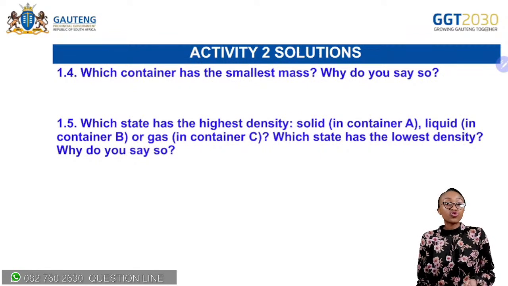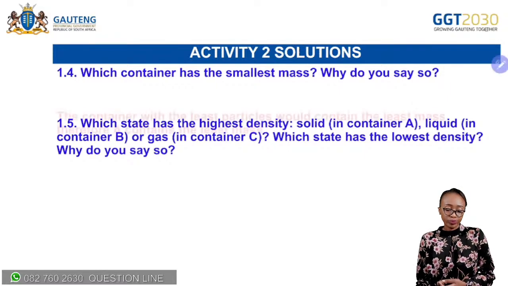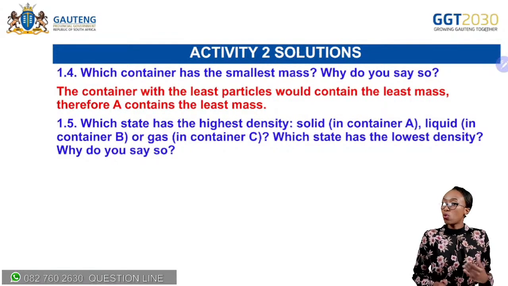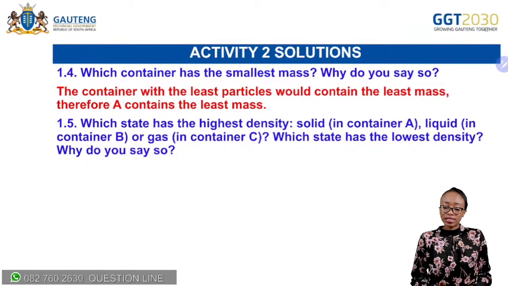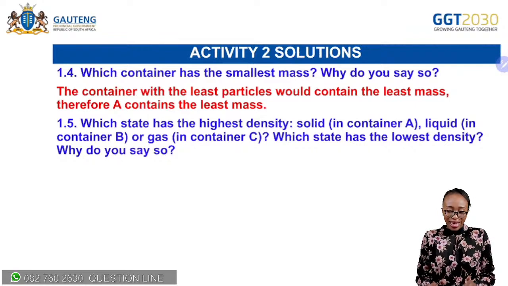Now, question 4. Which container has the smallest mass and why do you say so? The container with the smallest mass is A. Now let's figure out why. Container A, the gas, had the least number of particles.